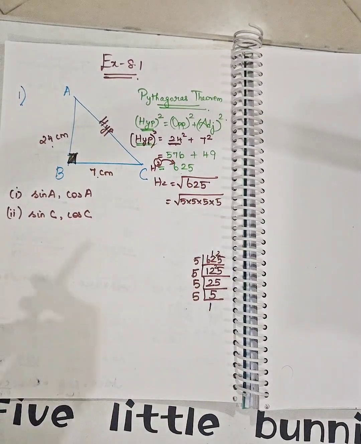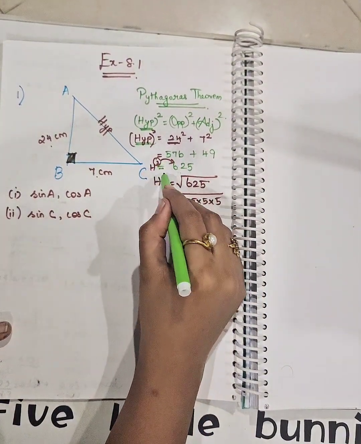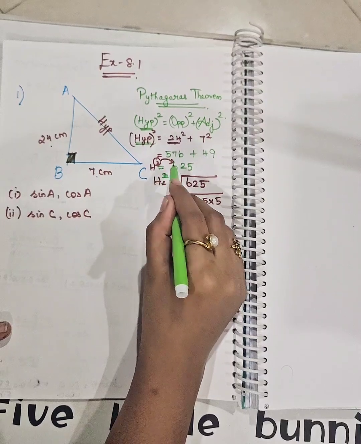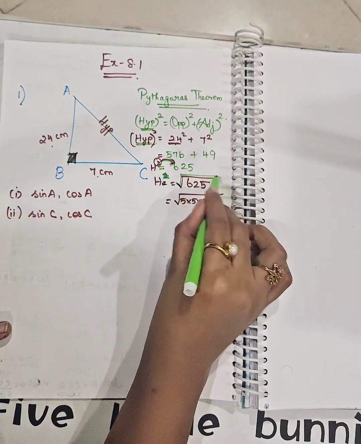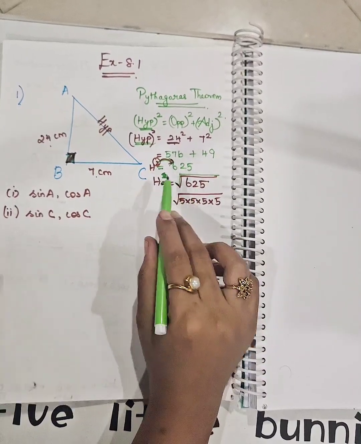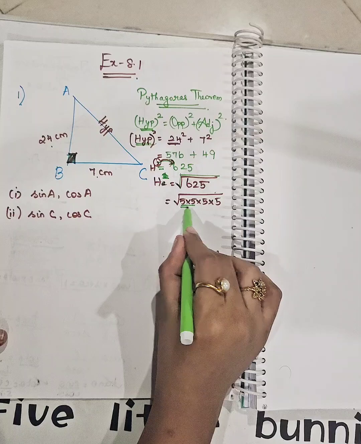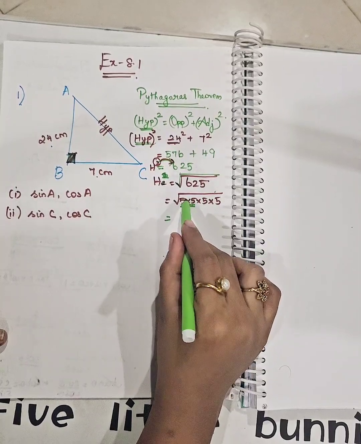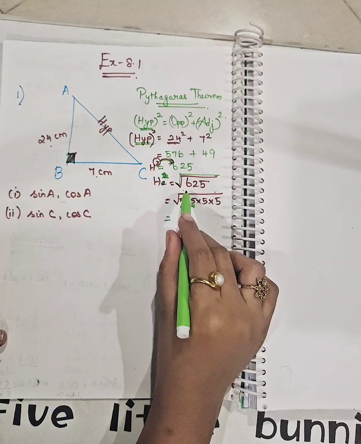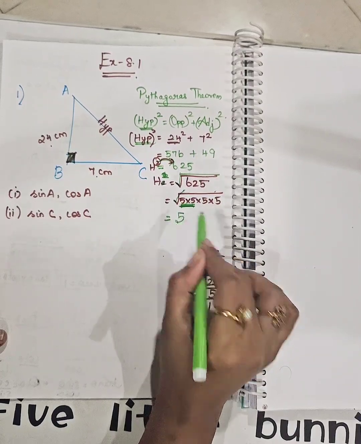Now how to remove the number from the square root? This is hypotenuse square, right? This hypotenuse square came here and became square root. If any number is repeated twice, you can pair those numbers and take them out of the square root. We have two 5s here, so you can write only one 5.